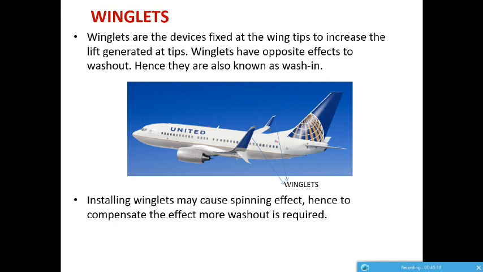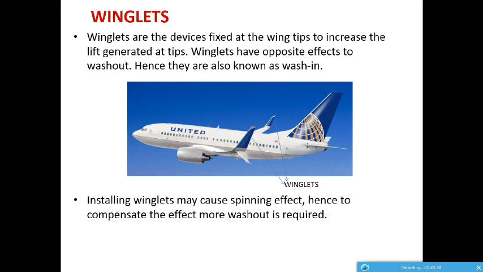But usually these winglets are not used for low flying or low speed aircraft, because the winglet tends to increase the lift component at the tips, which creates an unwanted roll effect or differential roll, because of the increase in lift at the tips compared to the root.